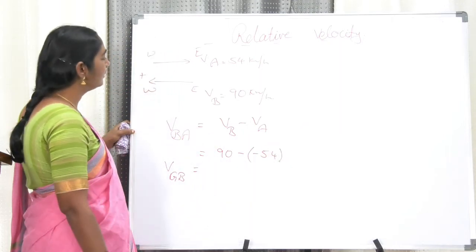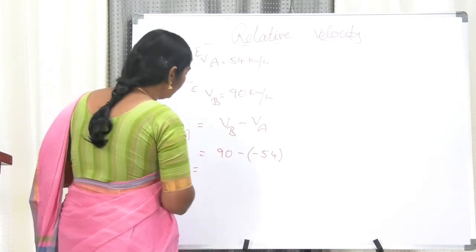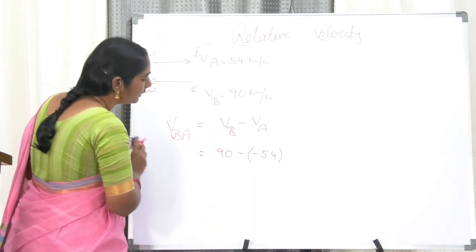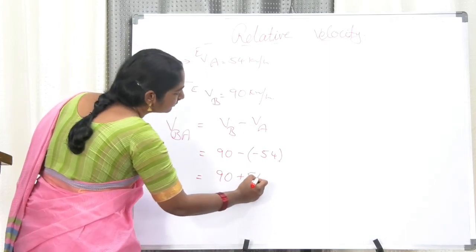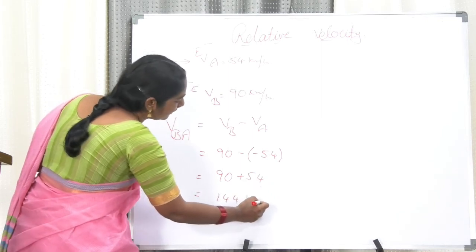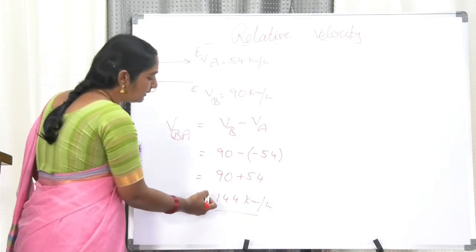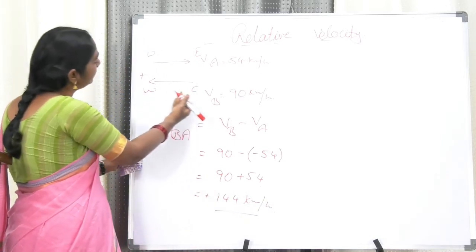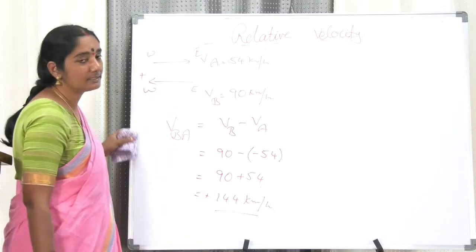That is equal to 90 plus 54, which is 144 kilometers per hour. This answer is positive, means it is in the direction from east to west.